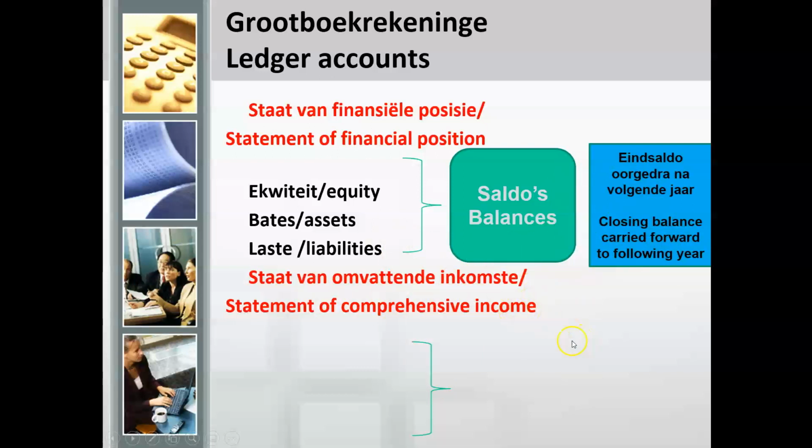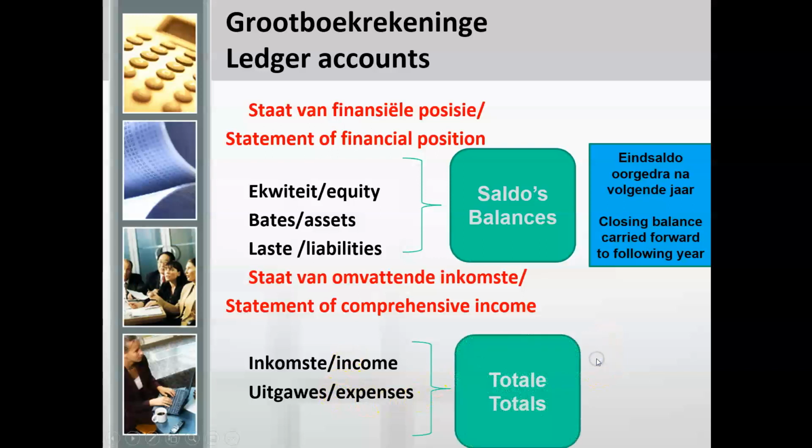In our statement of comprehensive income, or another word for it, statement of profit or loss and other comprehensive income, there we're going to record all our income account balances and all our expense account balances. So whatever the balance is, it's going to be transferred to our statement of profit or loss general ledger account.